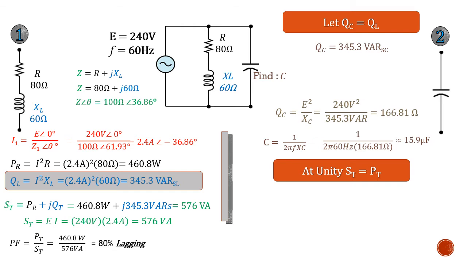So at unity, ST is equal to PT, which we had calculated out earlier to be 460.8 watts. Now our source only has to supply enough current to feed the true power portion of the circuit, which in this case worked out to be 1.92 amps, and since it's purely resistive, it would now be at 0 degrees.